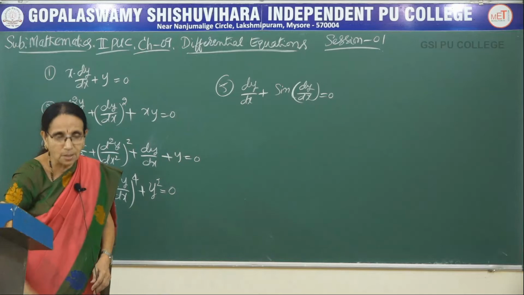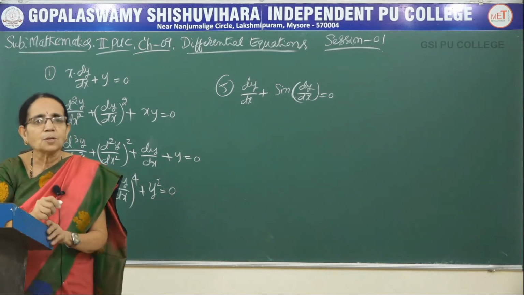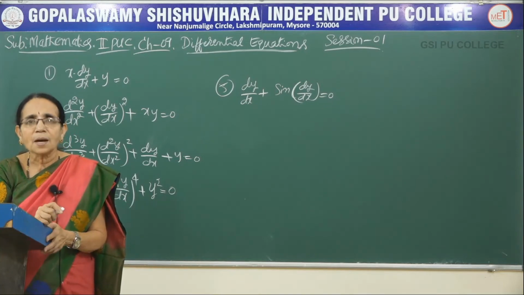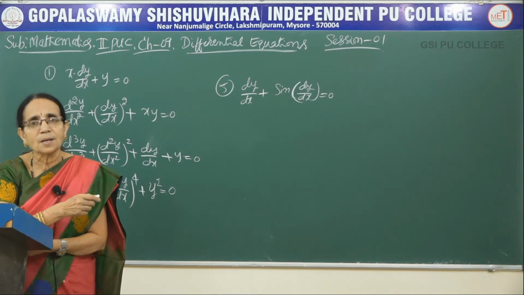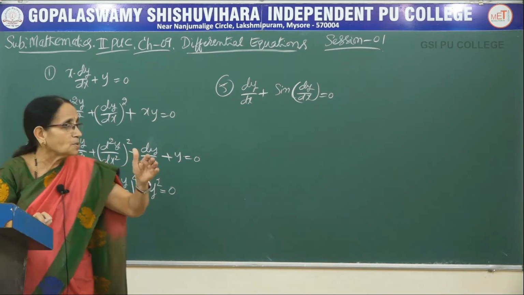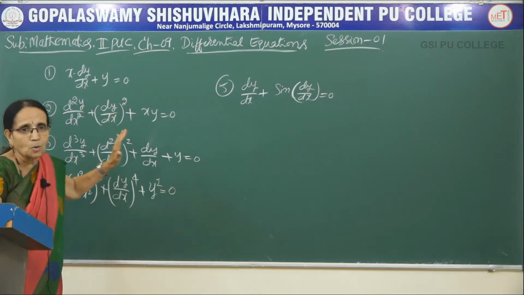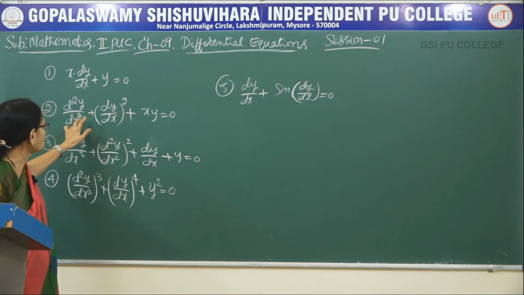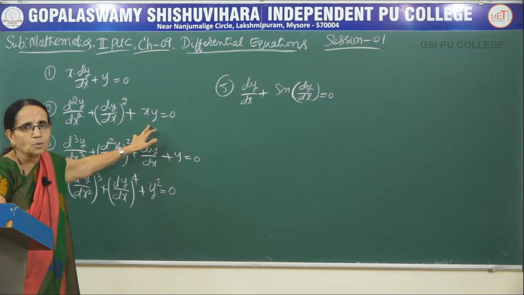Now how do you define that one? A differential equation is an equation which involves the variables x and y and also the derivatives. And these are the different examples I have given you. First one, x into dy by dx plus y equal to 0. Second one, d square y by dx square plus dy by dx the whole square plus xy equal to 0.